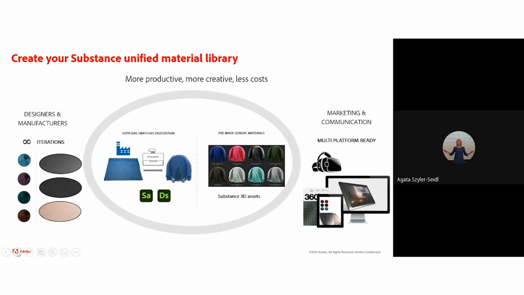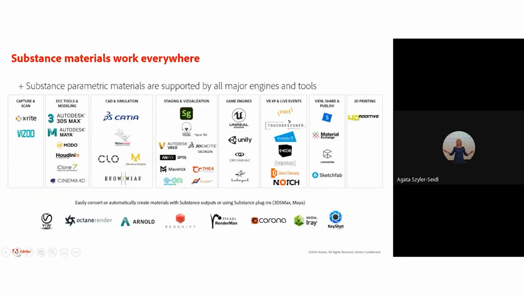This starts from designing and manufacturers, then goes through the digitalization phase in your team. Then you make these materials, and they can be communicated via your marketing. This will have an immediate improvement on your business development and your conversion rates as well.